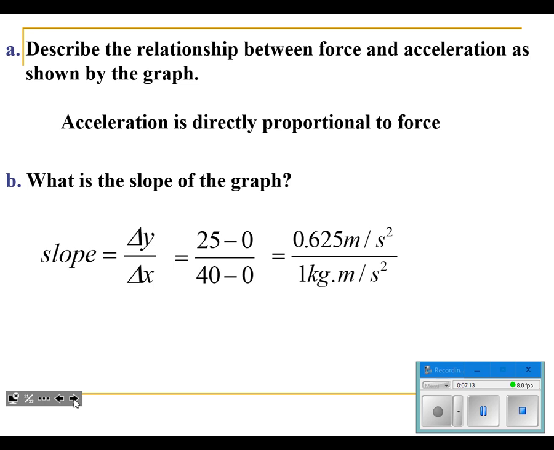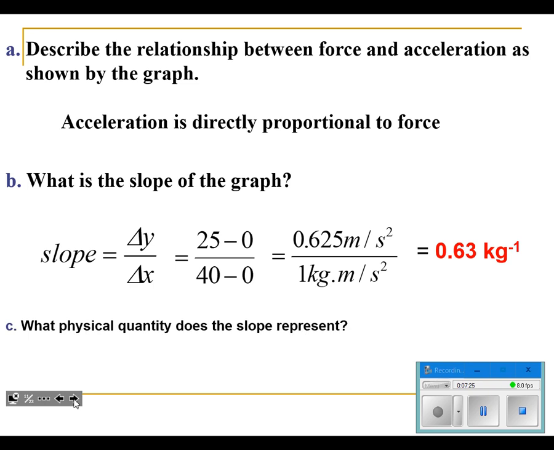But you'll notice that meters per second squared is on both the top and the bottom, so we end up with 0.631 over a kilogram as our units, or kilograms to the -1. So if I ask you what this physically represents, you need to look at what the units stand for. This would be the inverse of the mass, because kilogram is our mass unit, and since it's 1 over a kilogram, it's the inverse of our mass. That's what the slope tells us.